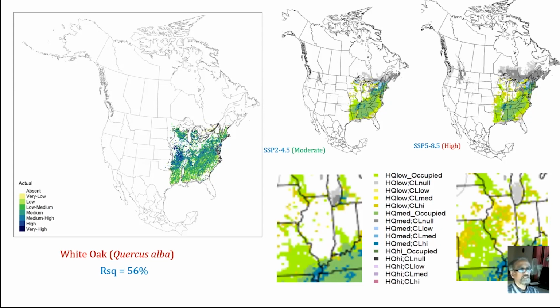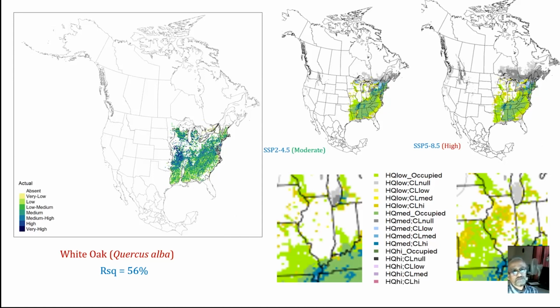Most of the dynamics is up in the northeast, up into Canada, where most of the habitat quality is moving to, but still no chance of migration by the end of the century unless there is some assisted push. So oaks are not going to do very well in Illinois, especially under moderate climate.